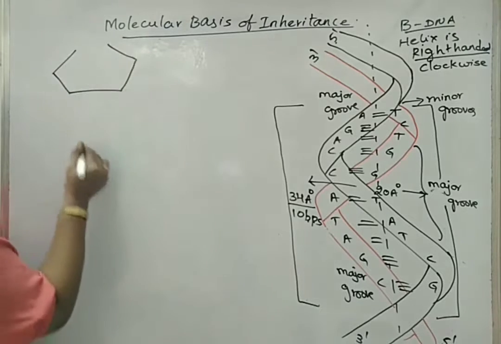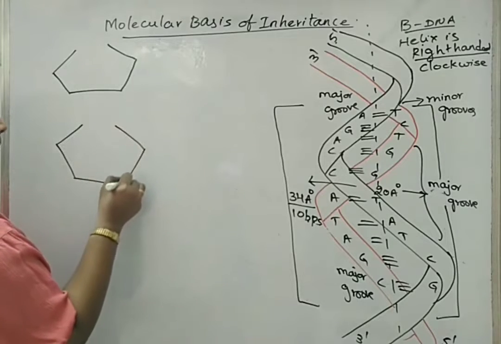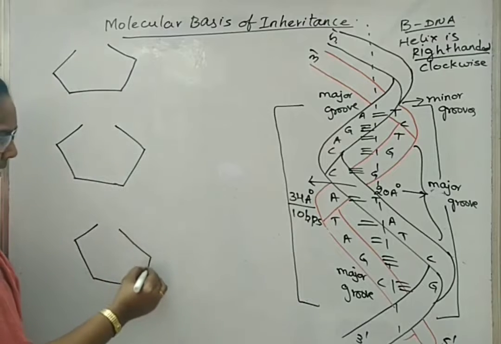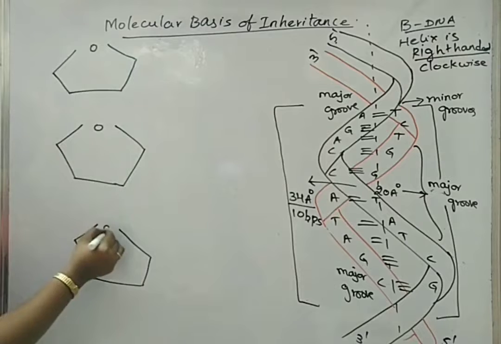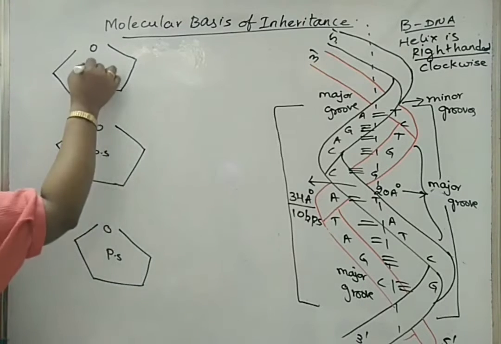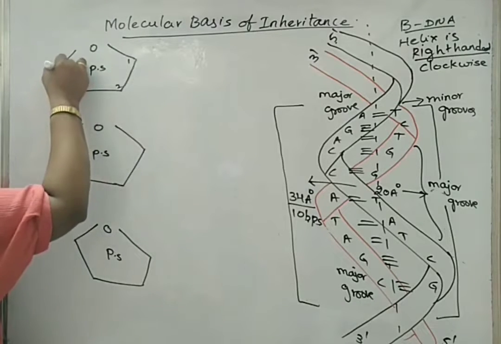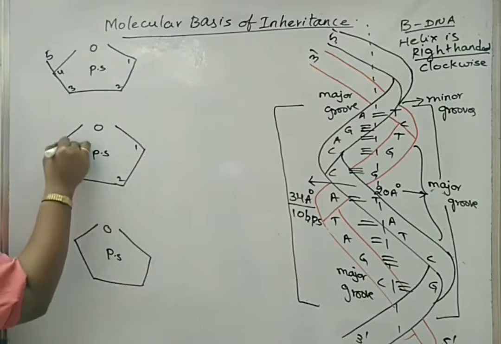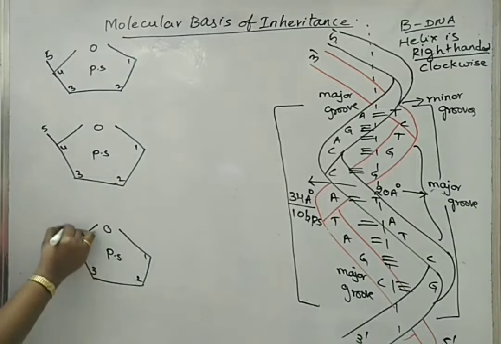DNA is made up of nucleotides. Nucleotides have pentose sugar, phosphate molecule, and nitrogen base. So first I am drawing pentose sugars. I will give carbon numbering 1, 2, 3, 4 and 5.